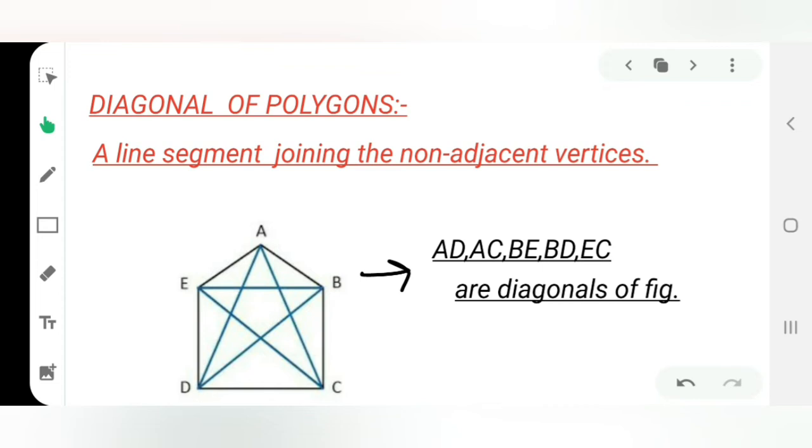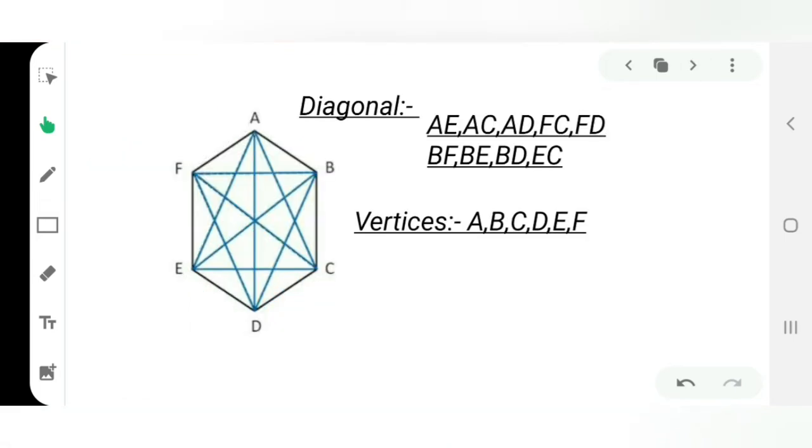AC is another diagonal. Similarly EB is another diagonal, and BD and EC are other diagonals. This way you can find the diagonals of a polygon.